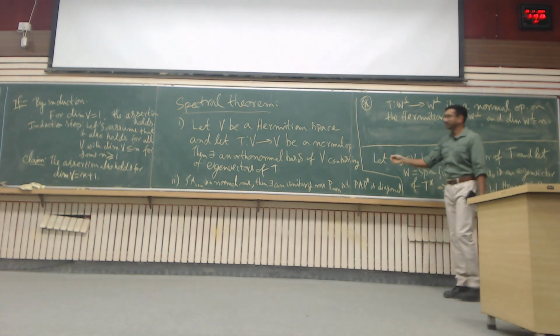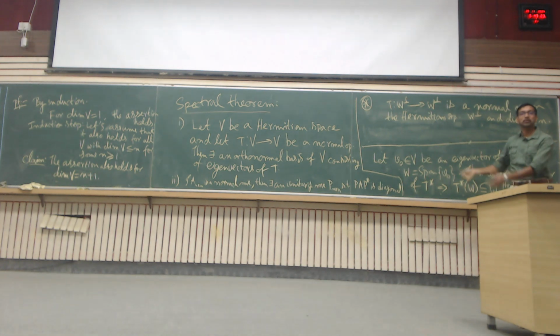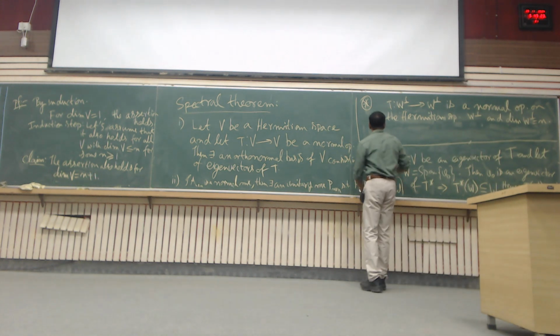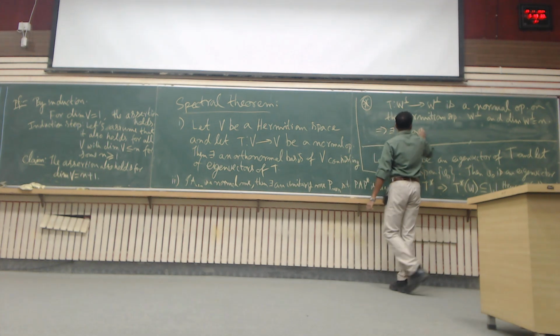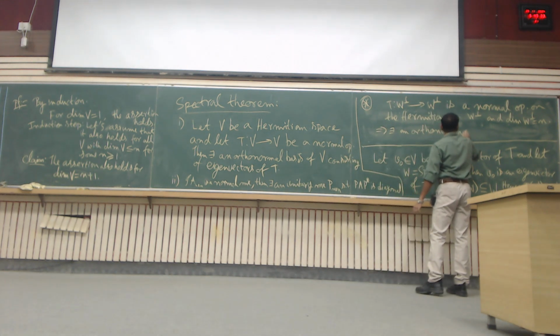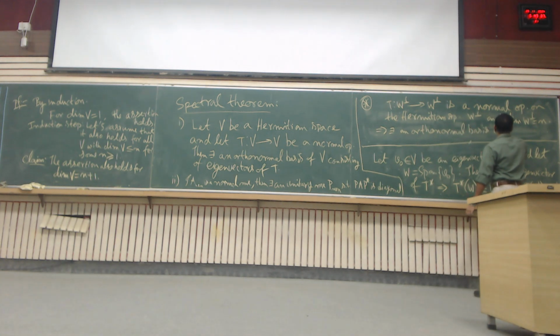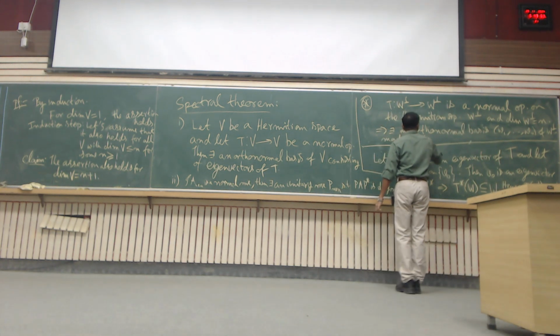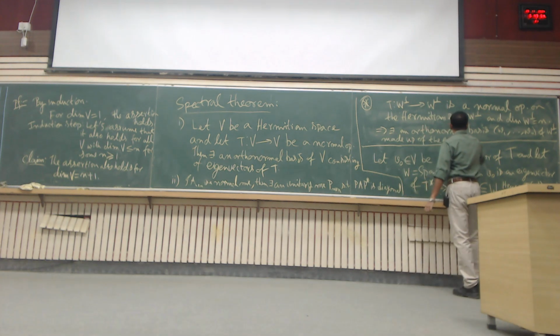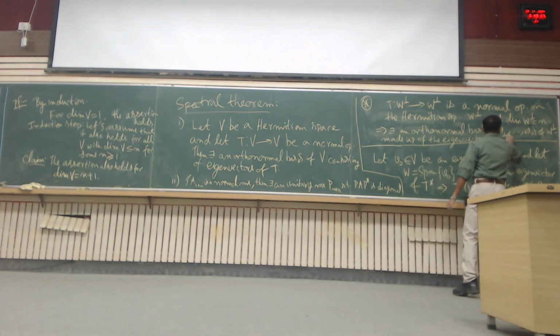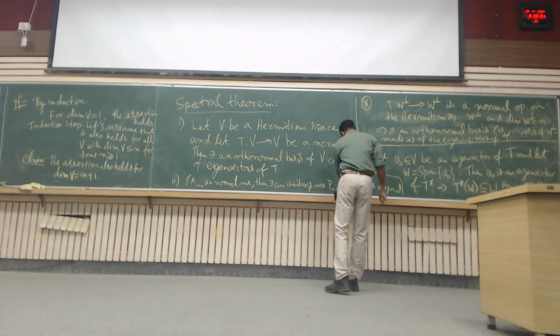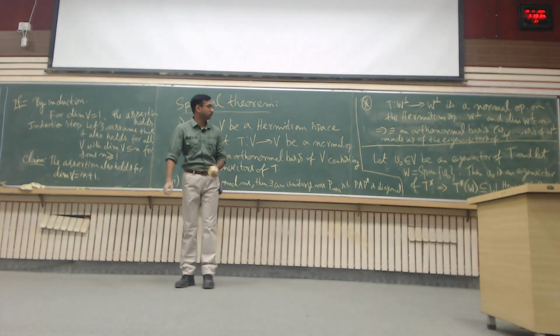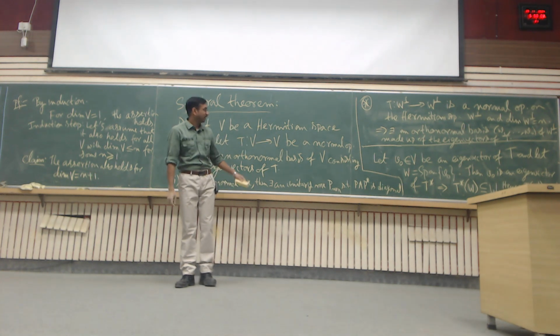And by the induction hypothesis, we already know that there exists an orthonormal basis of W perp. So that implies there exists an orthonormal basis, say W1 to Wn, of W perp, made up of eigenvectors of T. So we are just one step away from the end of the proof. We have to extend this basis somehow.